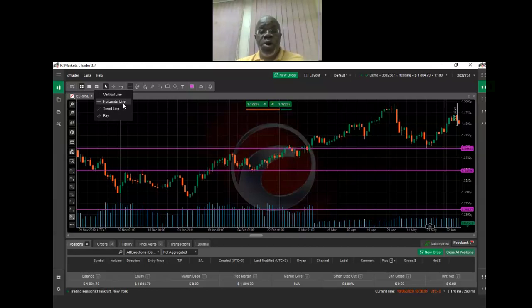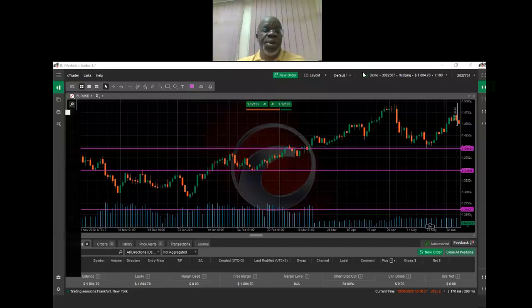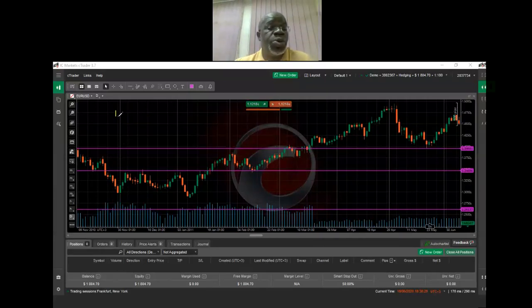So let's first start with the horizontal, and then we will look at the ones that are trending. For horizontal, a channel is just a place where the market has been going up and down, up and down, up and down for a while. So, option number one: the market is going up, down, up, down, up, down, up.